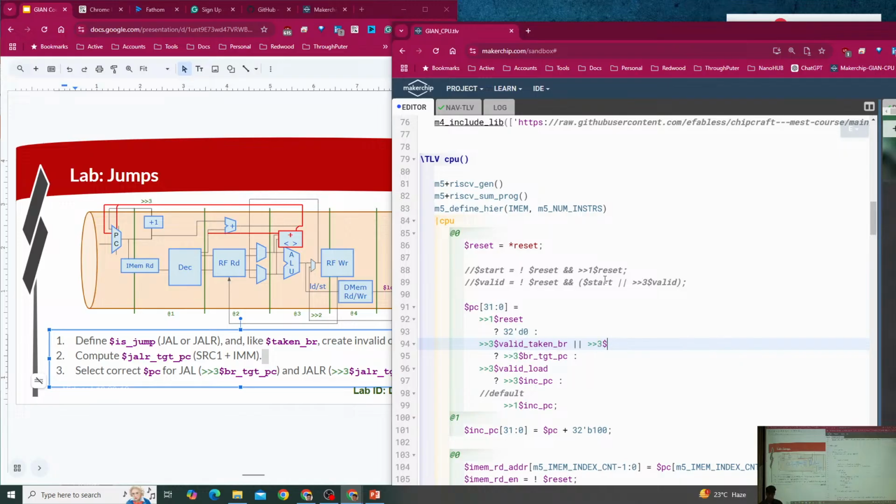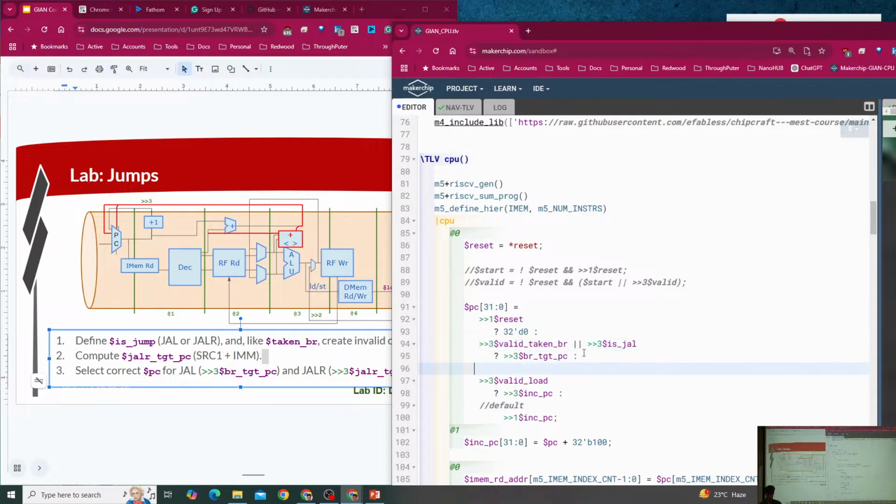If the instruction ahead by 3 is jump and link, then we also want to select the branch target PC. And we need to add a case now for jump and link register. So we only want to do this if we are valid. Again, we don't want to mangle the PC for an instruction that's not valid.